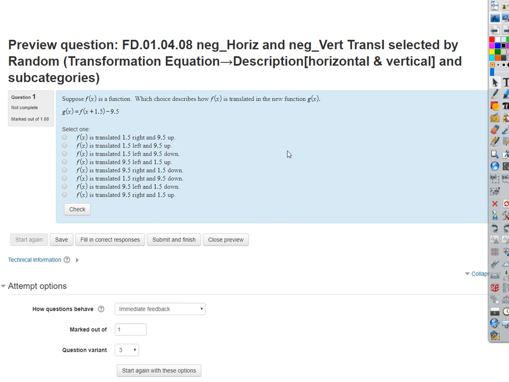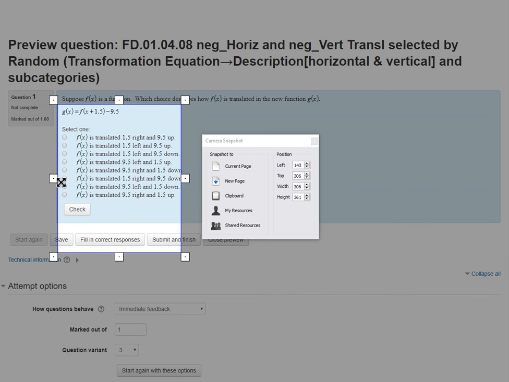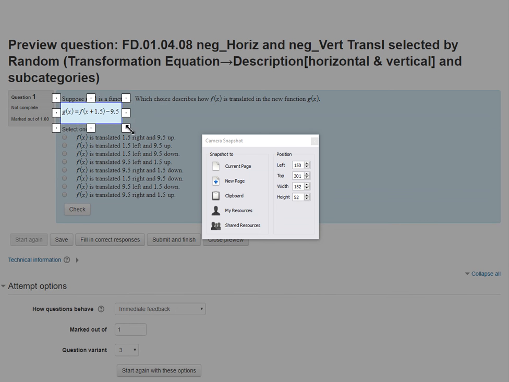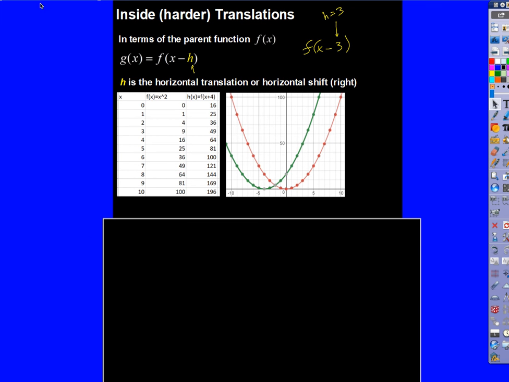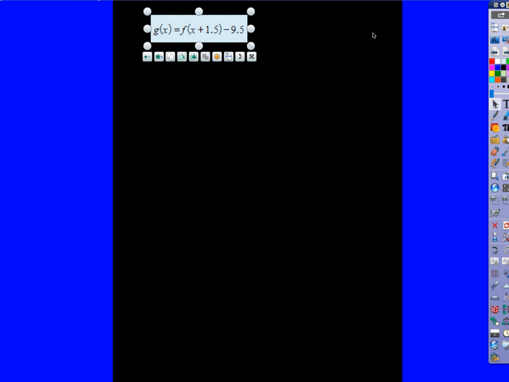Because what's the value of h there? Let's take a picture of that. So pick out, what's the value of k? That's the easiest one. That's the outside transformation. What's the value of k?